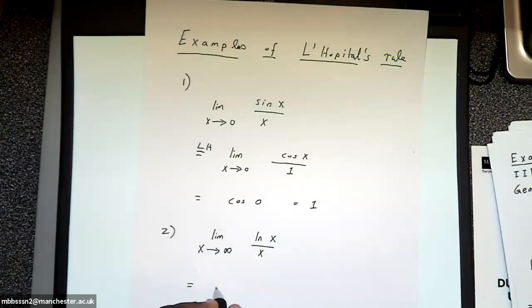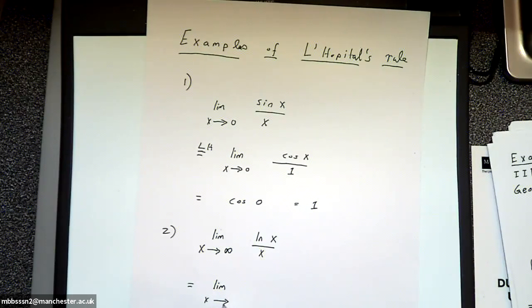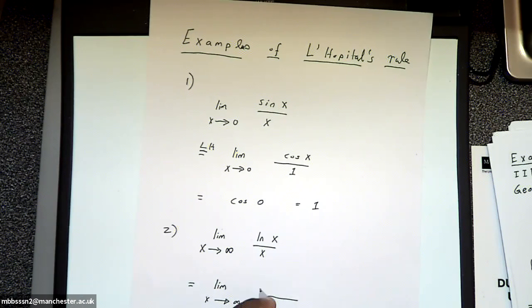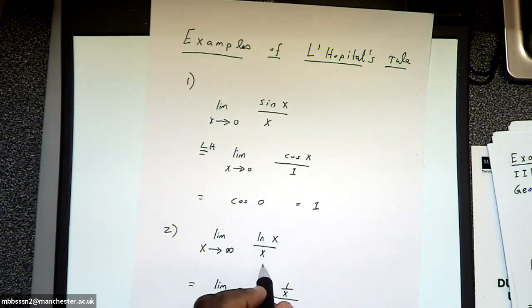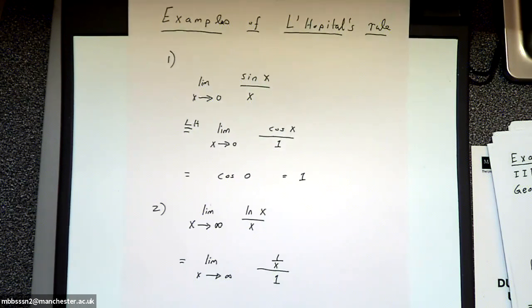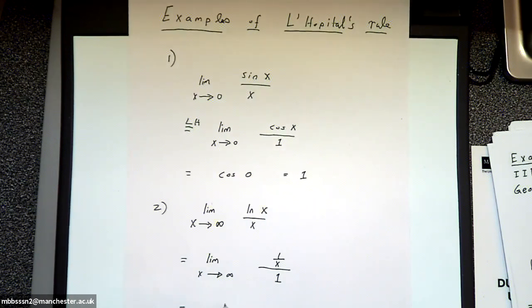So again, you can use L'Hopital's Rule. So you should differentiate the top and the bottom. So the derivative of ln x is 1 over x. The derivative of x is 1. All right, so this becomes 1 divided by infinity, which is 0.